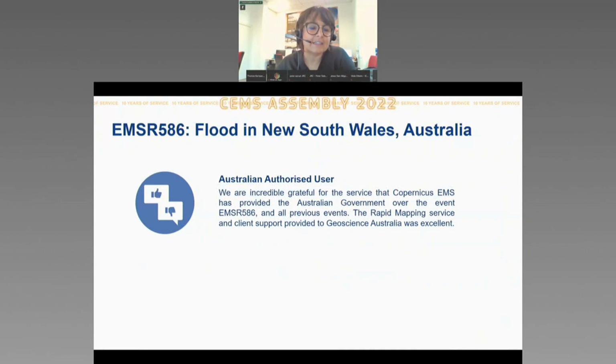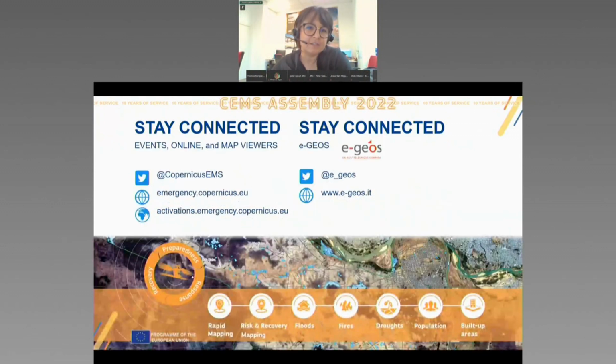And yes, this is the final step of a rapid mapping activation, the collection of feedback from the user, that let us underline that it is essential for continuing to improve the service that we are delivering to the user. So thank you very much for giving me this opportunity to join this session. Thank you.